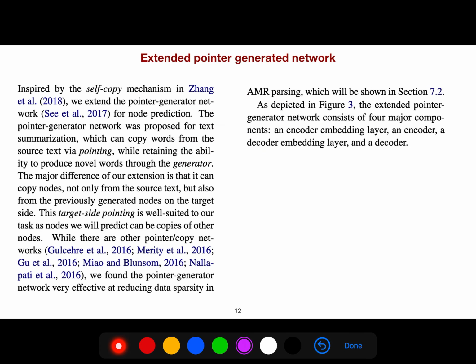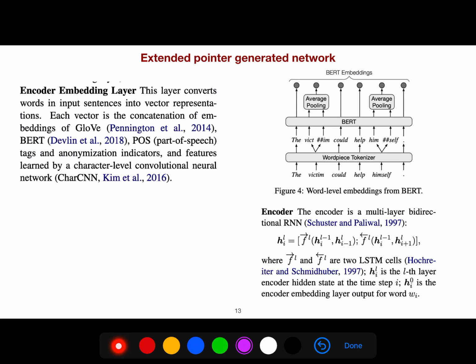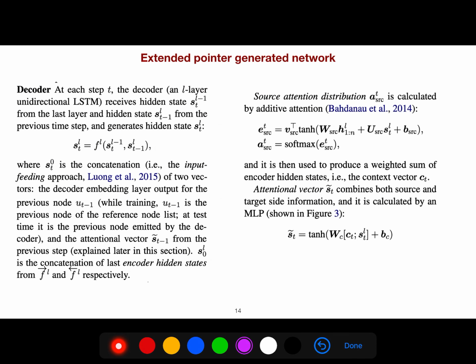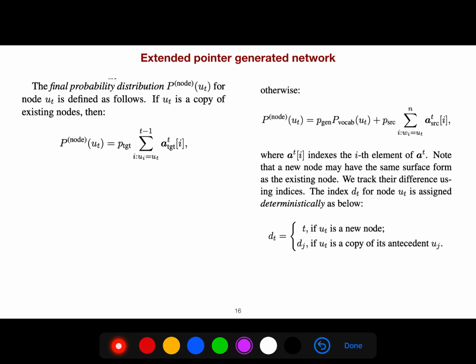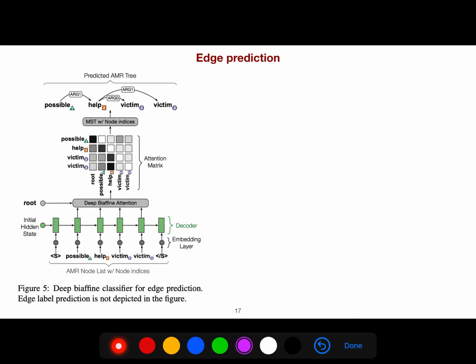So this is the extended pointer generator network that I've explained in the playlist for summarization. And finally, for edge prediction, we just use the deep biaffine attention of Professor Christopher Manning in his beautiful article on dependency parsing, I think.